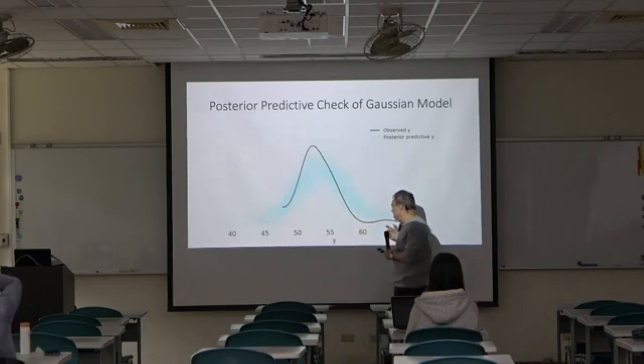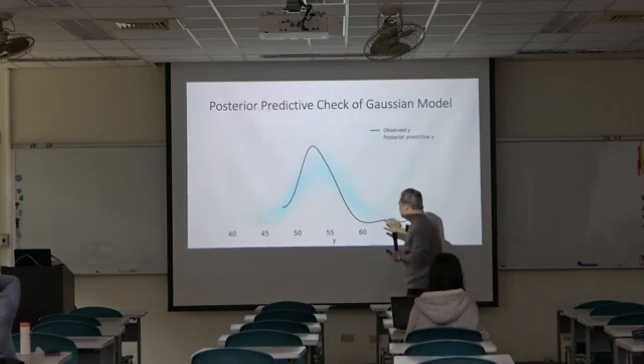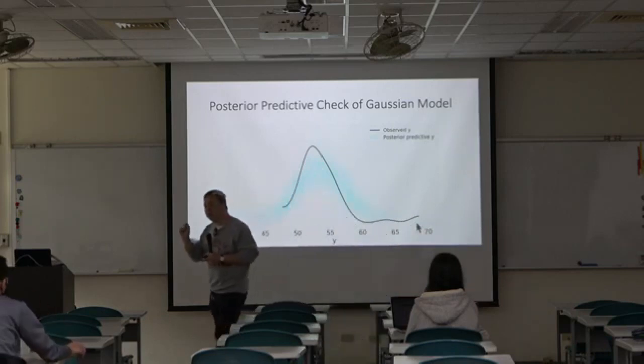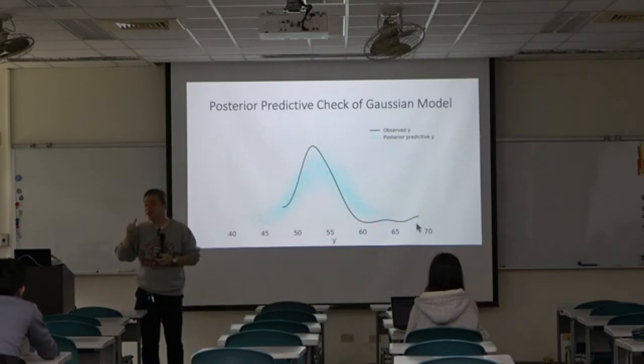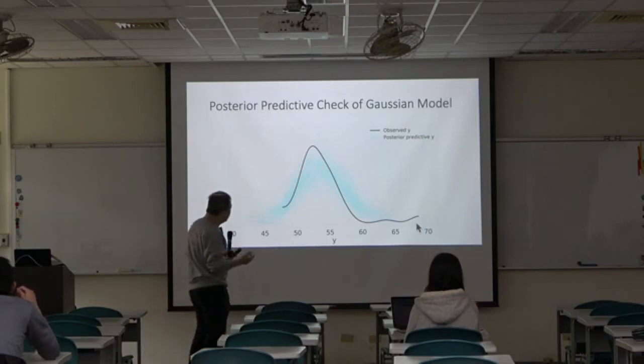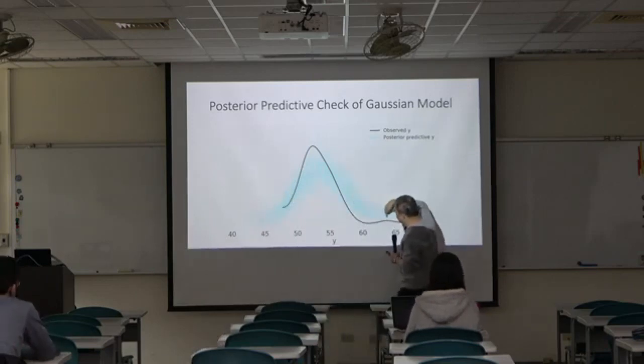But the generated mu and sigma, because they have to take care of the outliers as well, the sigma will be slightly larger in order to accommodate the outliers. You can see this from the fact that most of the lines are much wider here.